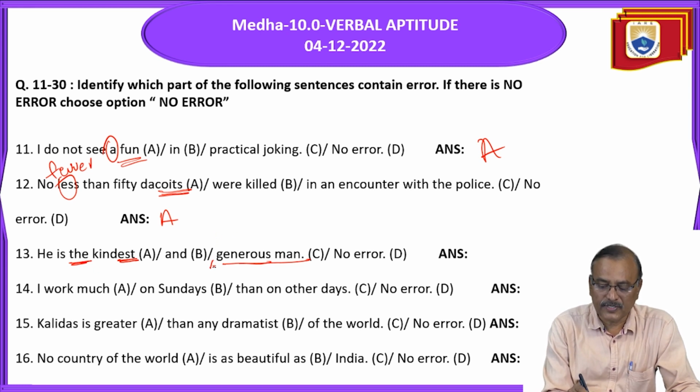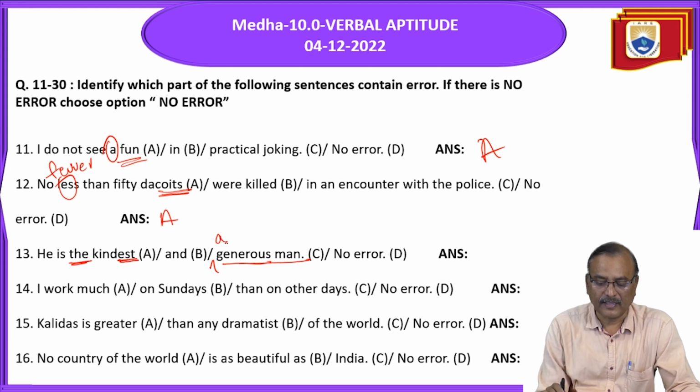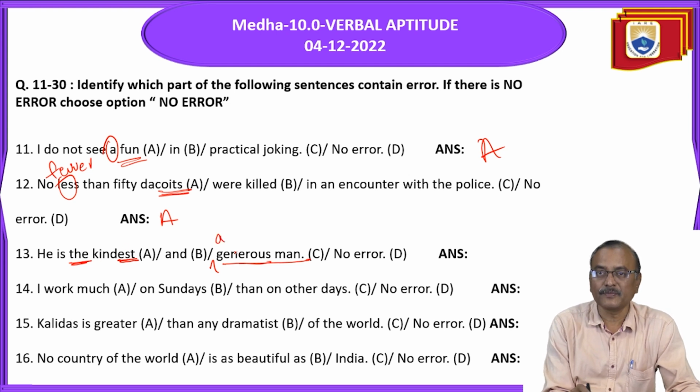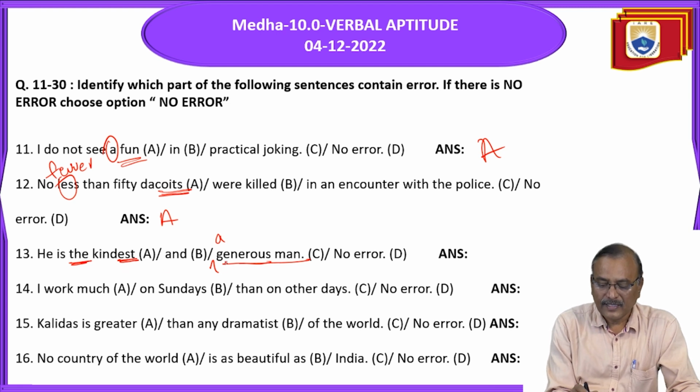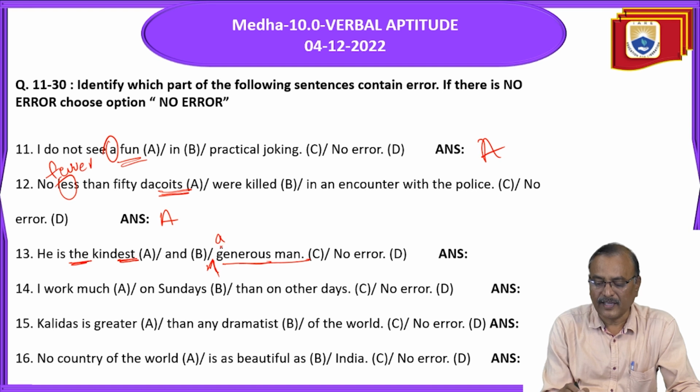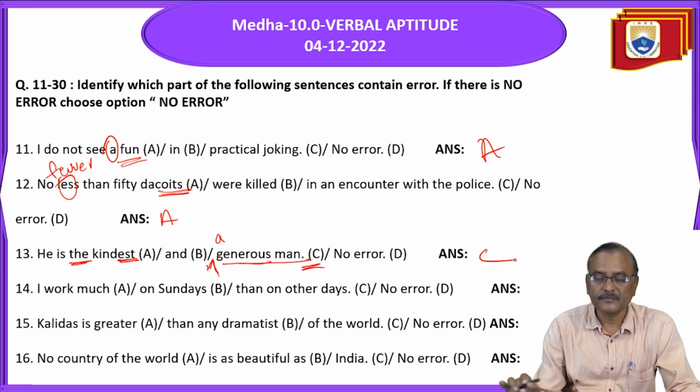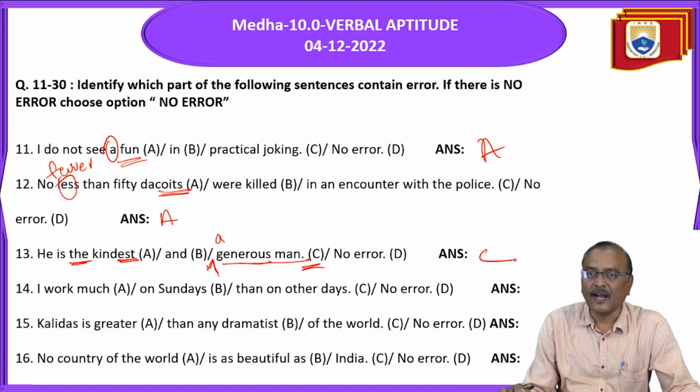So here you have to use a separate article A. If this article is applied to both, it's okay. But here, we need a different article. So what is the different article? A. So here answer is C. He is the kindest and a generous man. Right?